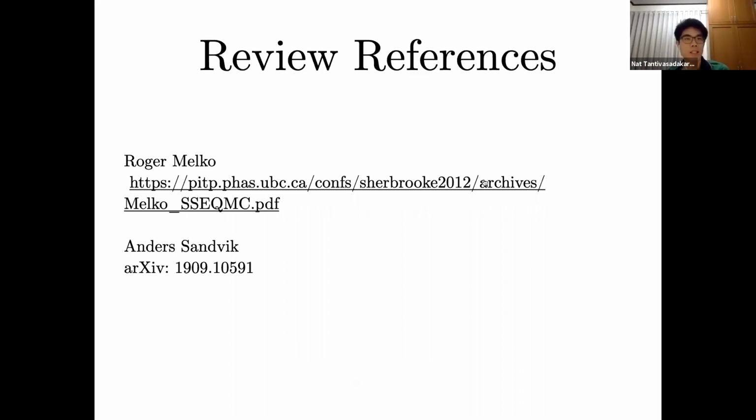And the references, which were probably sent out in the email, are two nice review papers, one by Roger Melko and one by the creator himself, Andrew Sandvik. I think the one by Roger is a bit more introductory and pedagogical, but for a more complete discussion with more details, I recommend the second one, depending on how deep you want to go into it.